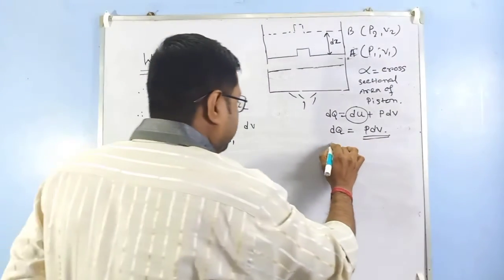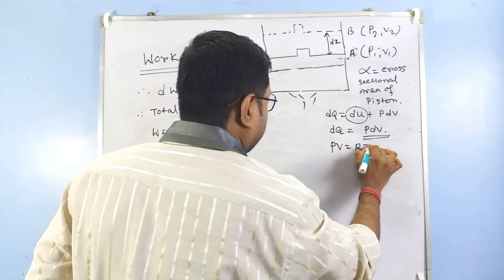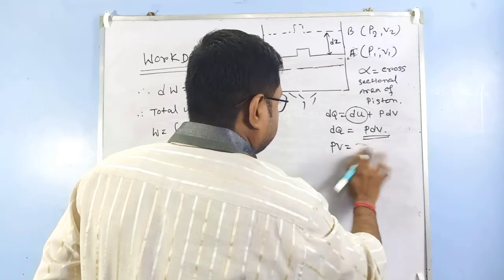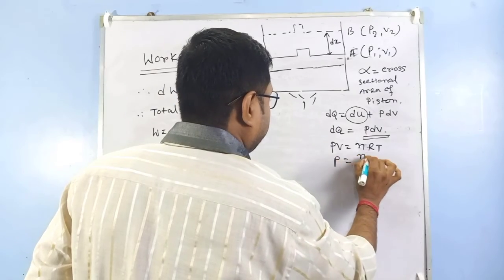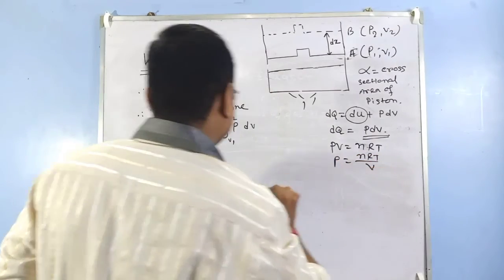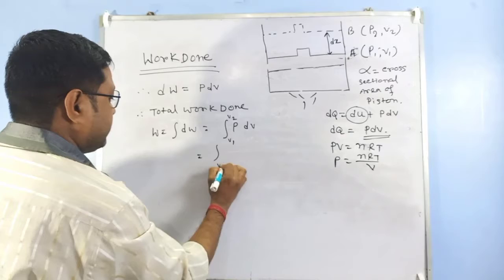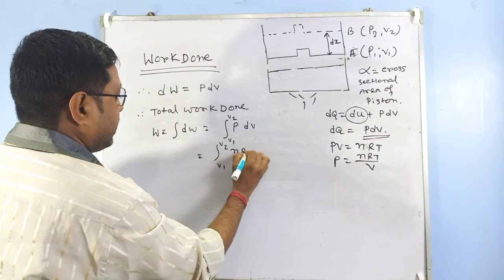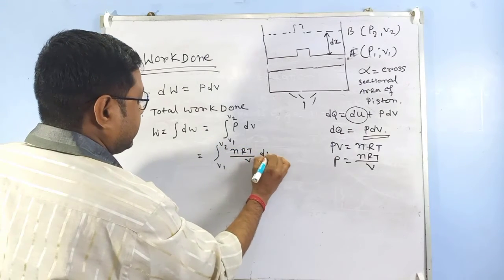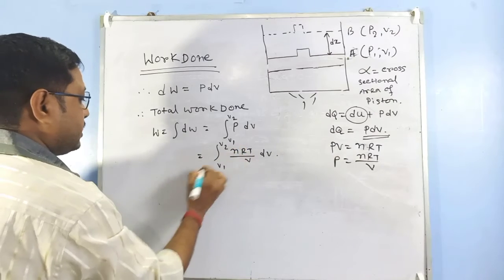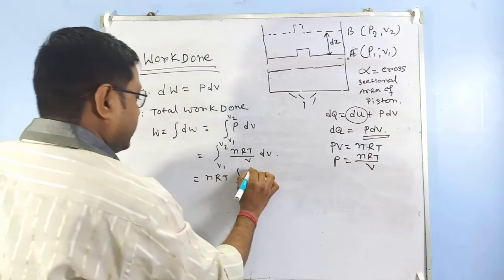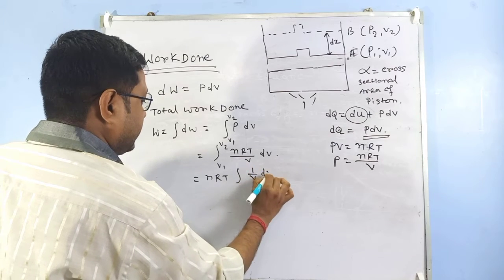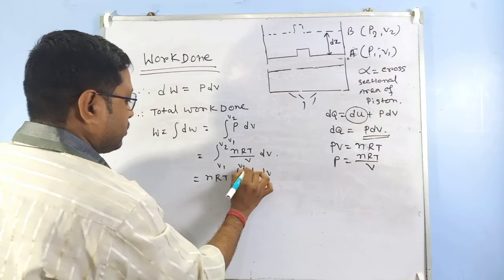From the ideal gas equation, PV equals nRT. If we take n moles of gas, then P is nRT by V. Put the value of P: integration from V1 to V2 of nRT by V dV. As nRT is constant, put it outside the integration: nRT times integration of 1 by V dV, with limits V1 to V2.